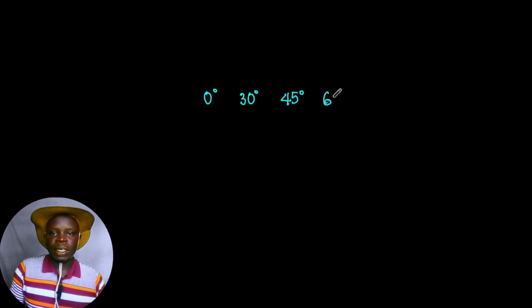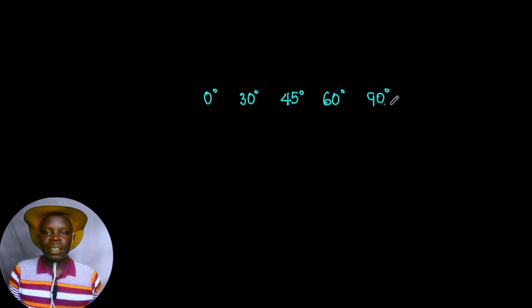So we have these angles here. I'm going to write 0 degrees first, then we go to 30 degrees, 45 degrees, 60 degrees, and finally 90 degrees. These are the angles here.